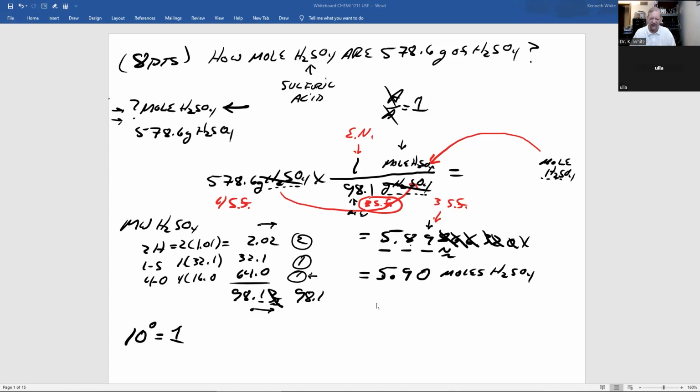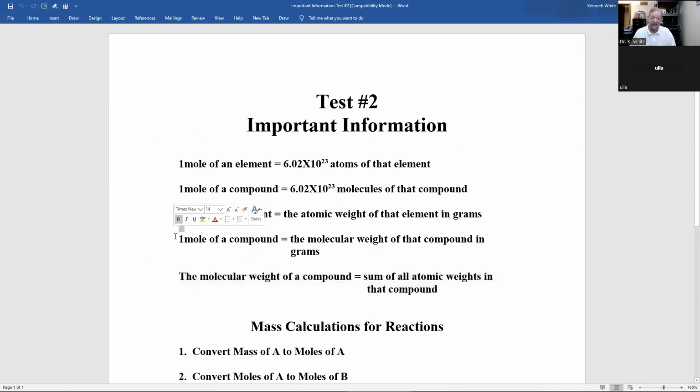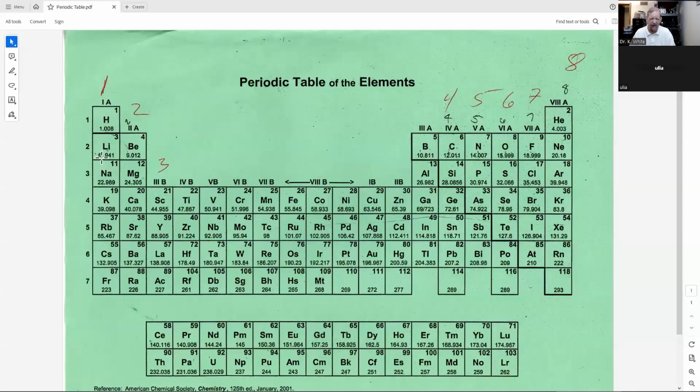And the answer is, in case you forgot, test number 2, important information, tells us 1 mole of a compound equals the molecular weight of that compound, and the molecular weight of that compound is the sum of all atomic weights. Remember, periodic table, the number underneath the element is the atomic weight, and you should round that off to 3 significant figures for your calculations.